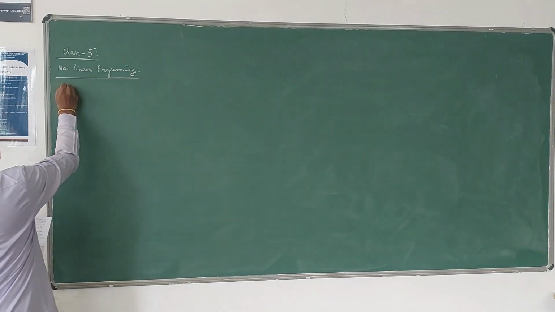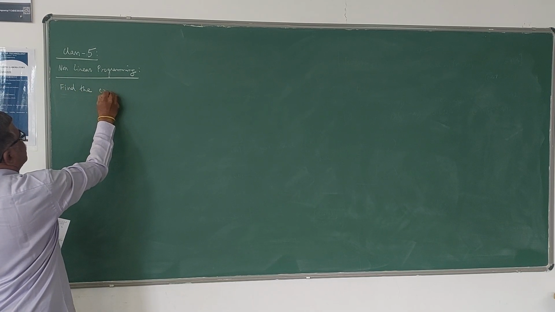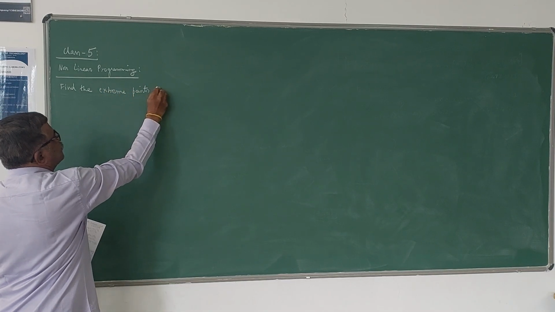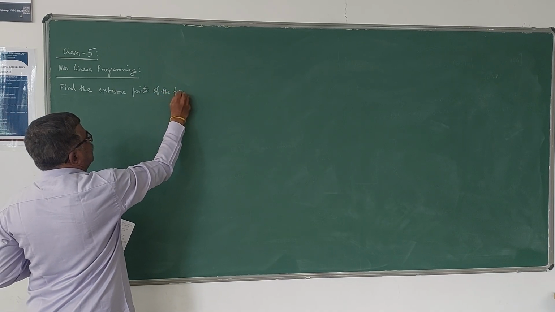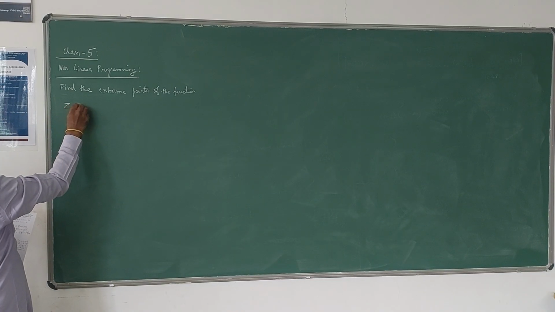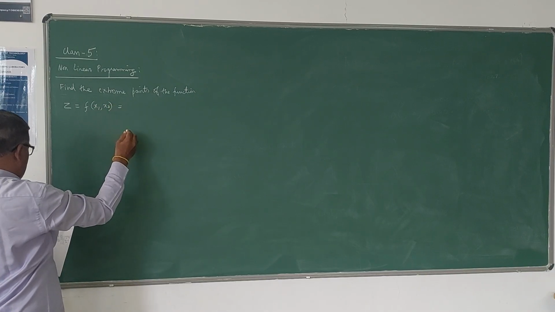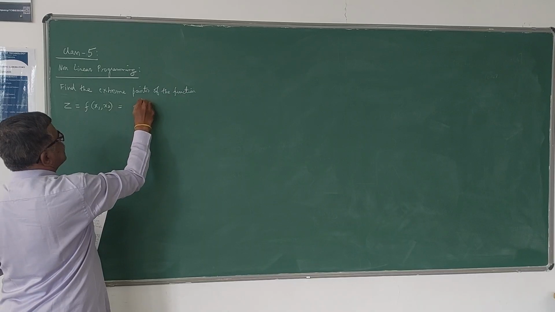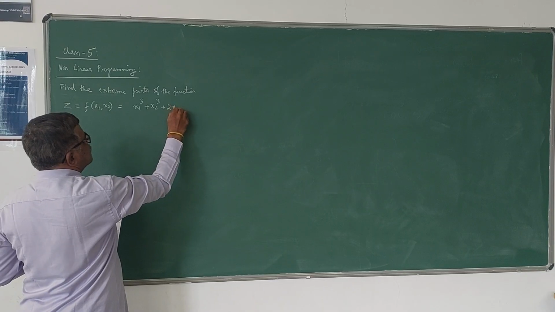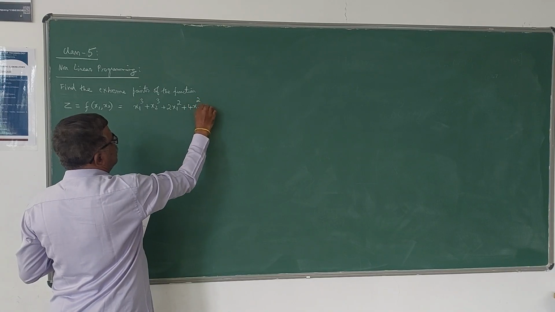The question is like this: find the extreme points of the function z is equal to, it's a function of two variables x1 and x2, x1 cube plus x2 cube plus 2x1 square plus 4x2 square plus 6.